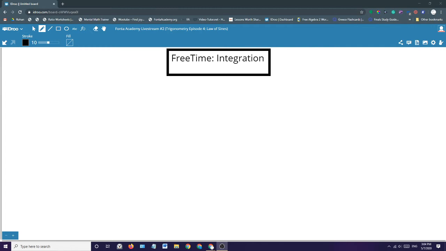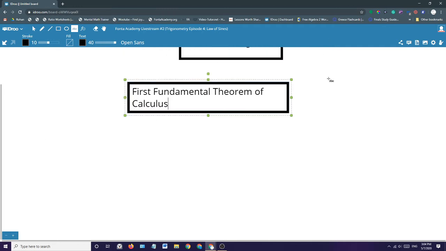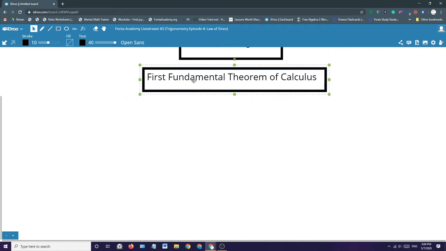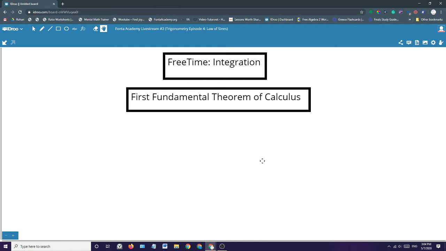We are going to talk about the first fundamental theorem of calculus. I'm actually pretty excited for this. But first, I guess we have time to do two questions for this.